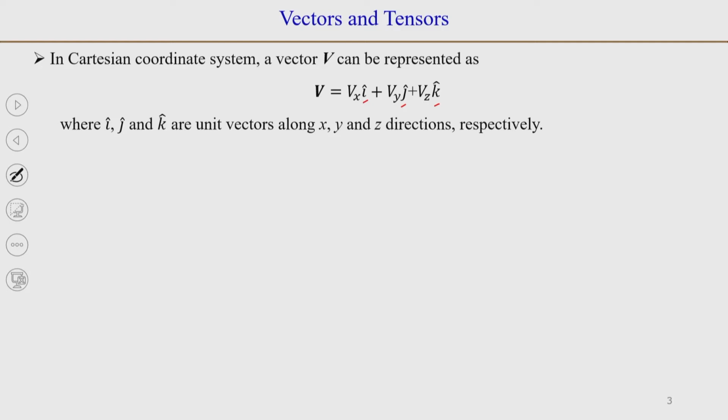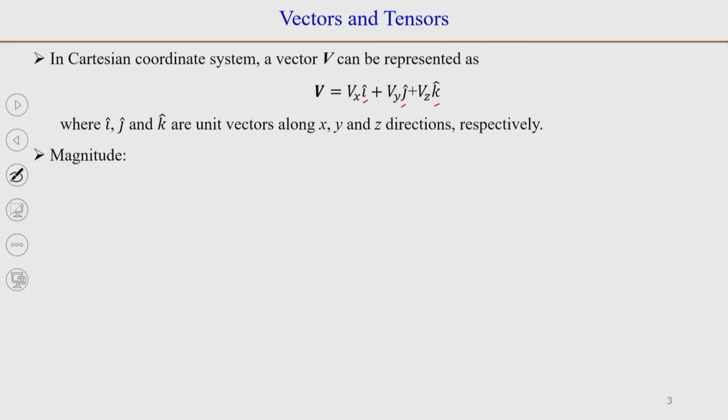So, when talking about Cartesian coordinate system, we will use the notations i, j and k for unit vectors along x, y and z directions. Okay.